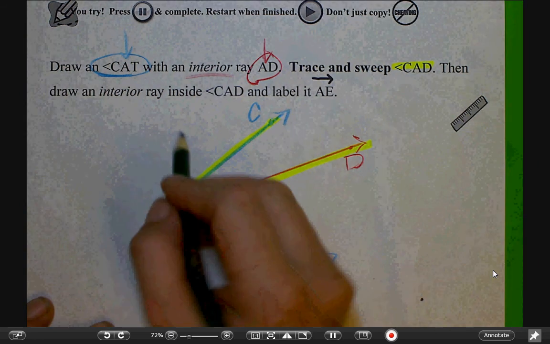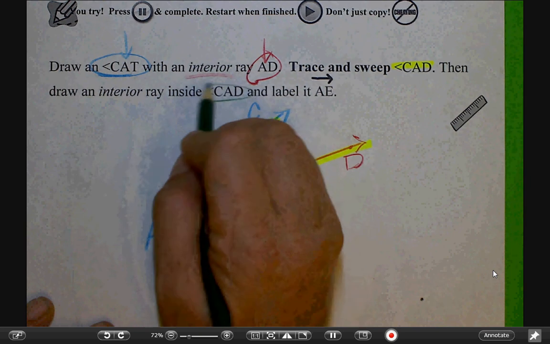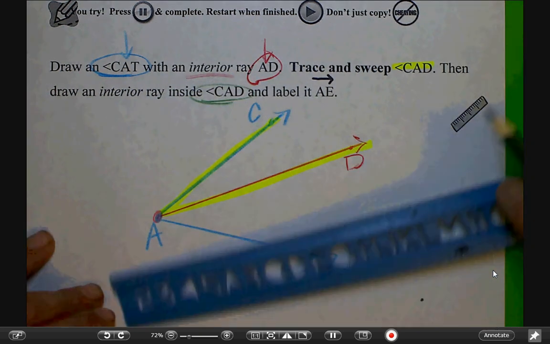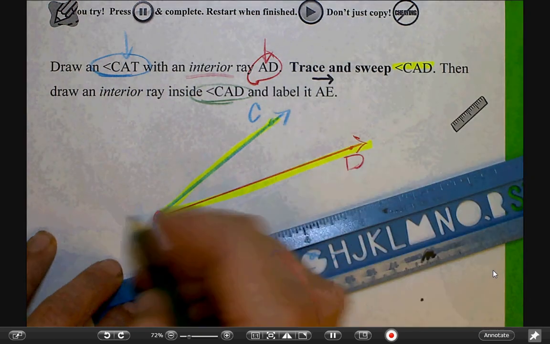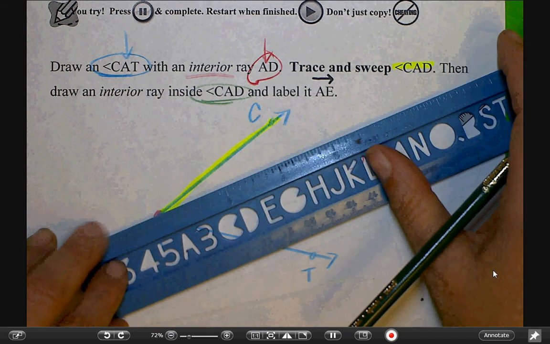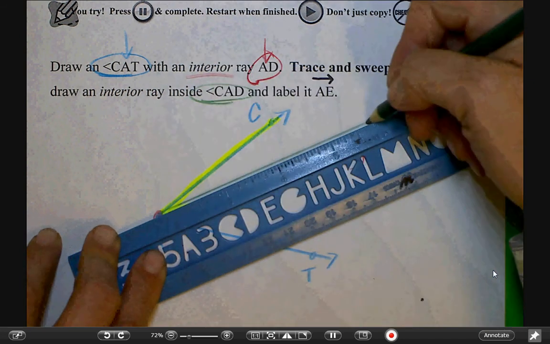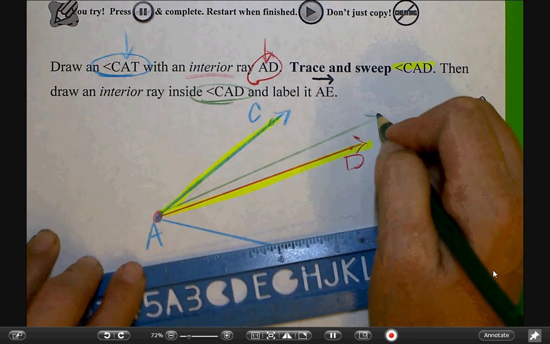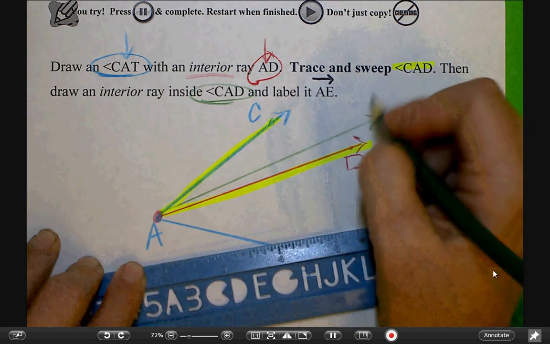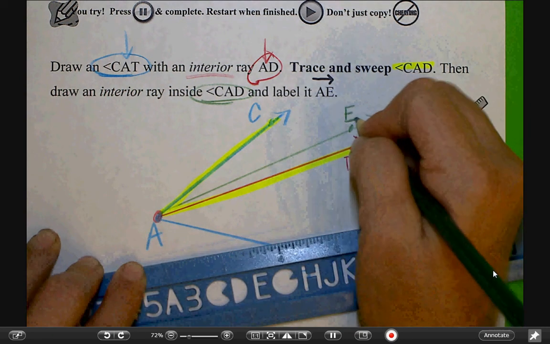Then it says draw an interior ray inside of CAD. So inside of CAD, you wanted to draw another interior ray. Again, it doesn't say the middle, so don't put it right in the middle so you don't confuse yourself, and we're going to label that AE.